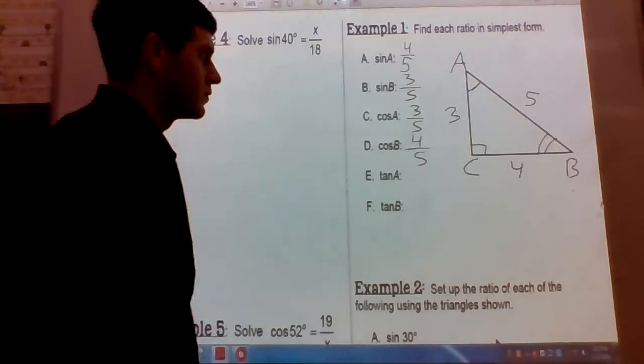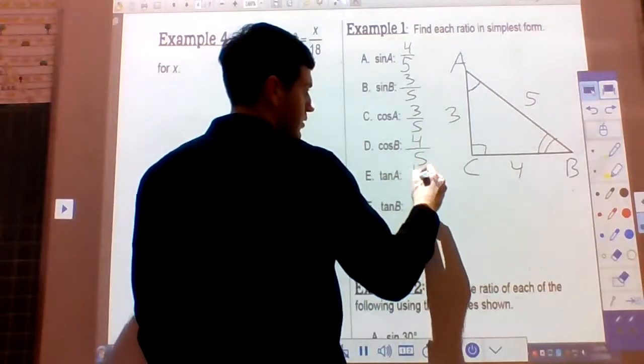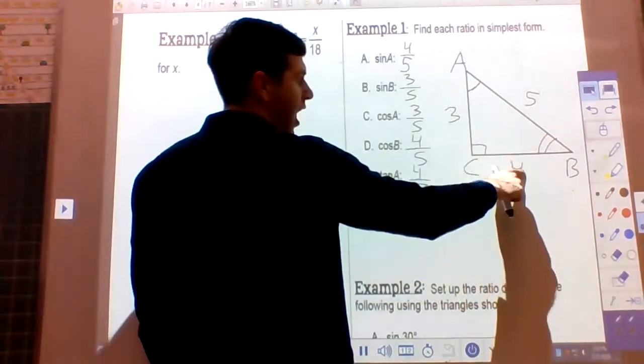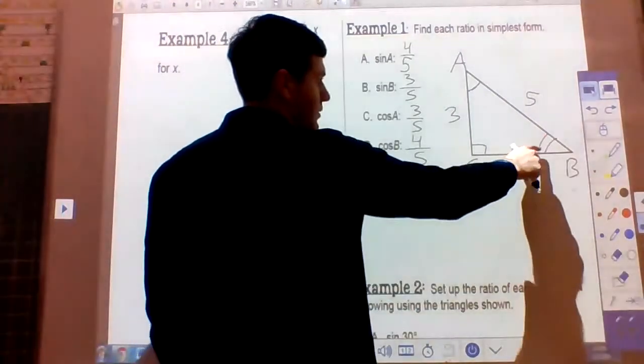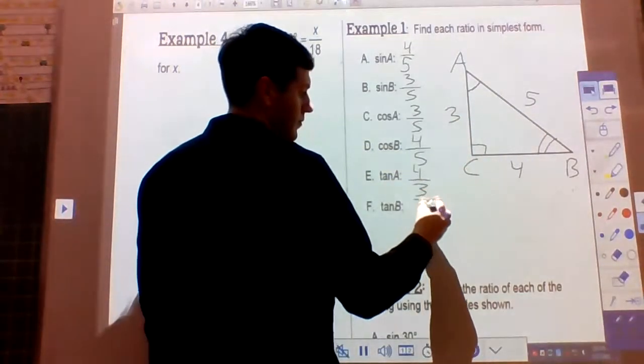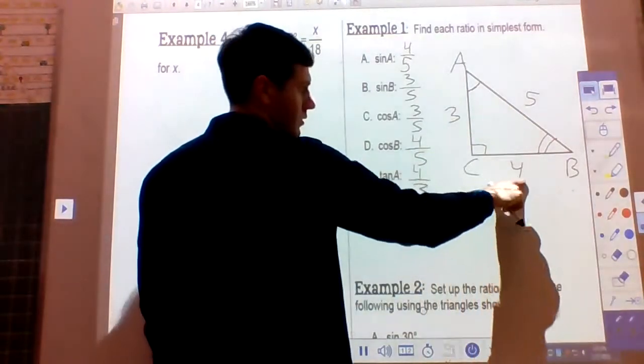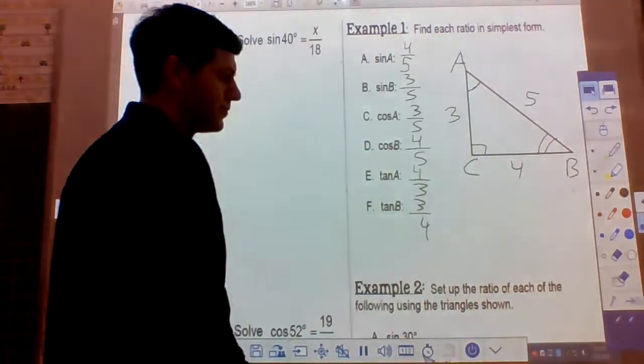So opposite is 4. Adjacent is 3. Tangent of B, so again, opposite over adjacent. Opposite, across from B, is 3, and then the adjacent leg is 4.